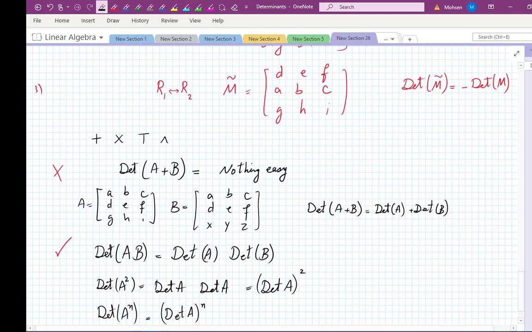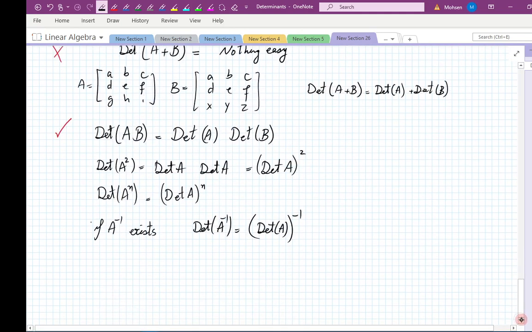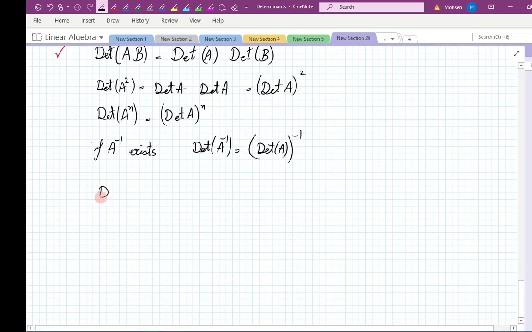How about transpose? Transpose is one of the easier cases. Determinant of A transpose is the same as determinant of A. Once you accept the expansion theorem, this one just pops out right away.